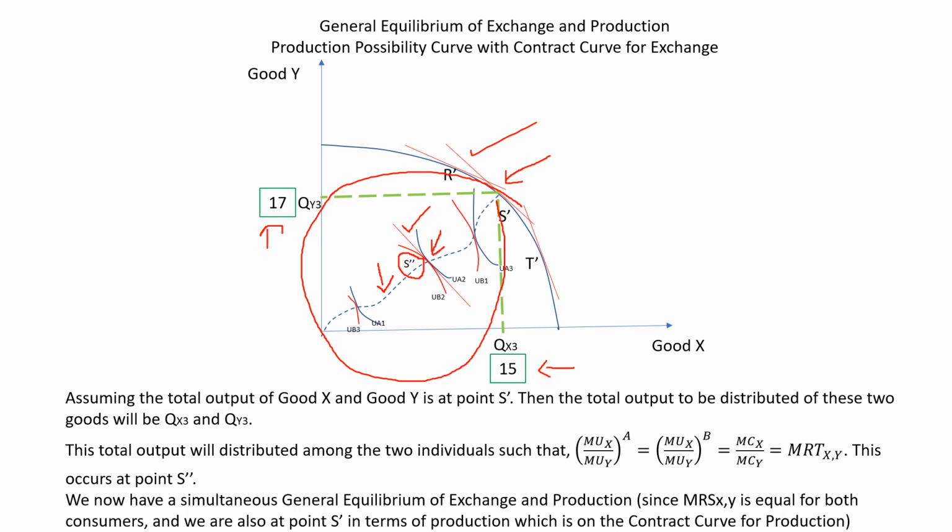Now this particular point gives us the allocation or distribution of the two goods X and Y among the two consumers in the manner that we have already discussed as part of the general equilibrium of exchange.